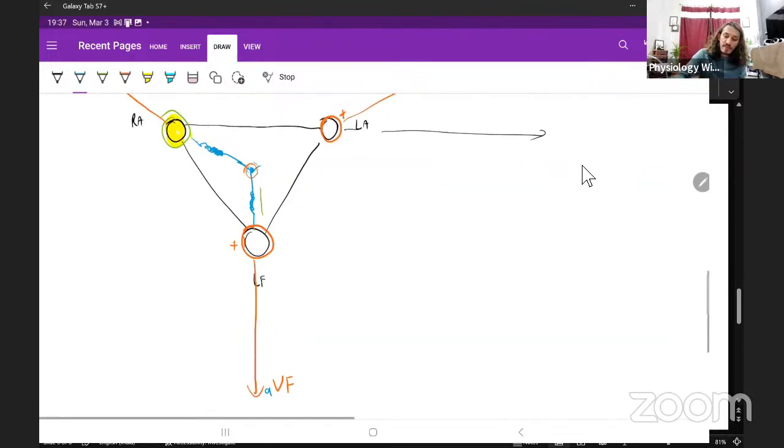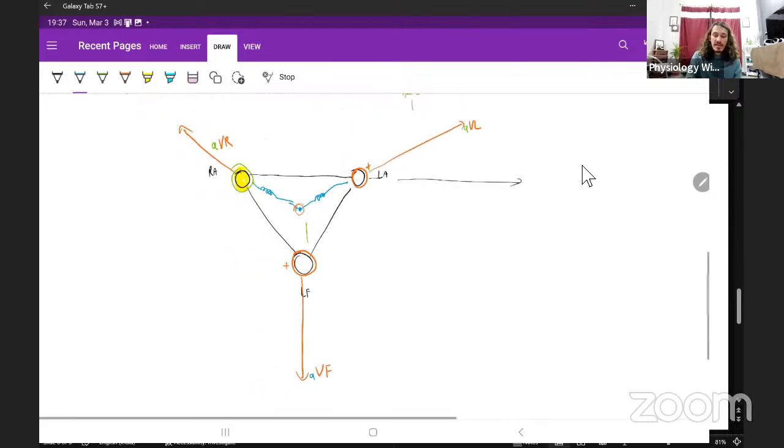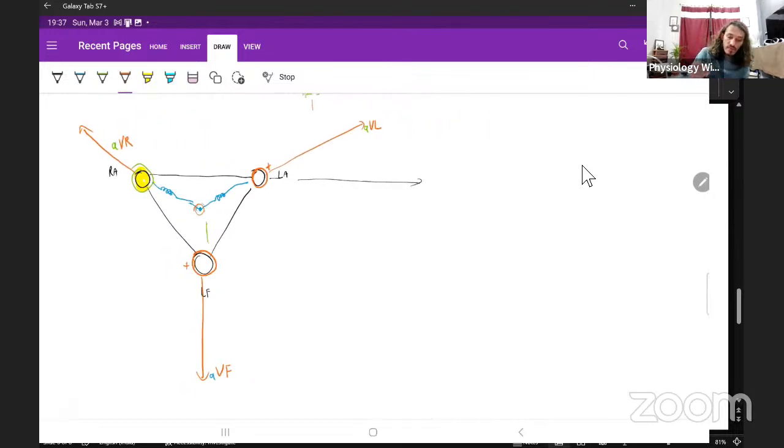So in aVF, what do we do? We remove this and put here and here to create the central point. So this is an example of aVF. So these signals, what do they give you?